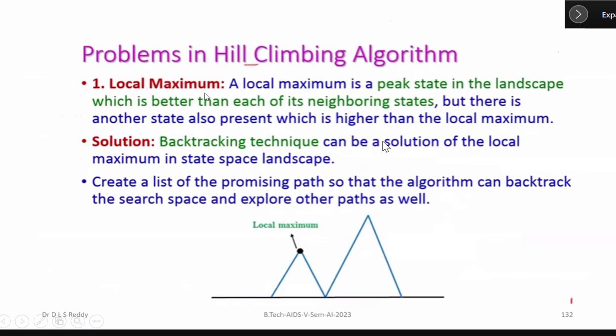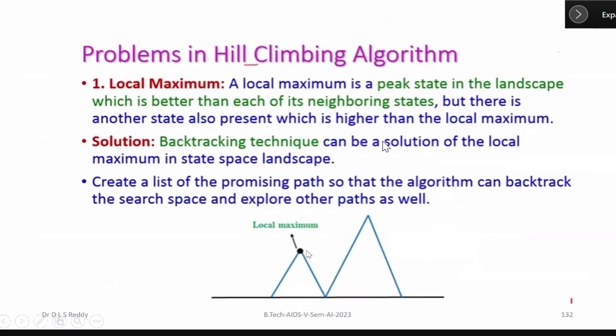One is local maximum. Whenever you are traveling like this, the next state is higher, steeper than this. So you go, you reach this state, and you reach this state. After that, you reach the maximum.